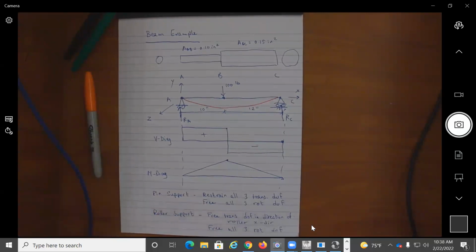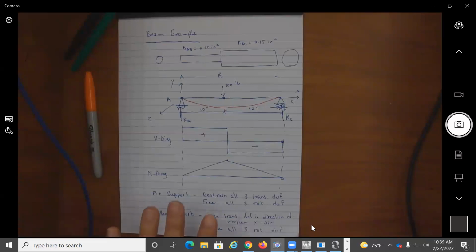So it cannot translate and it cannot rotate in all 6 degrees of freedom. So that's a fixed support. So it's important to understand what it is that you are trying to model. When we are using ANSYS, we're trying to run a computer simulation.